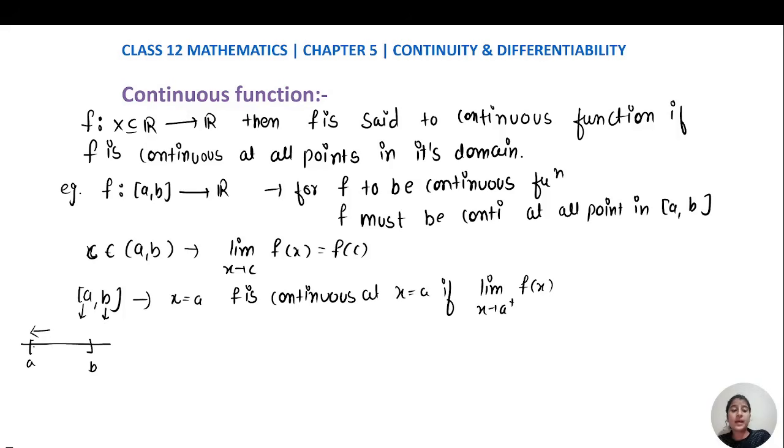So if we have to take the limit, we have to take only our right hand limit. That means our function f is said to be continuous at x equals a if our right hand limit is equal to the function value.